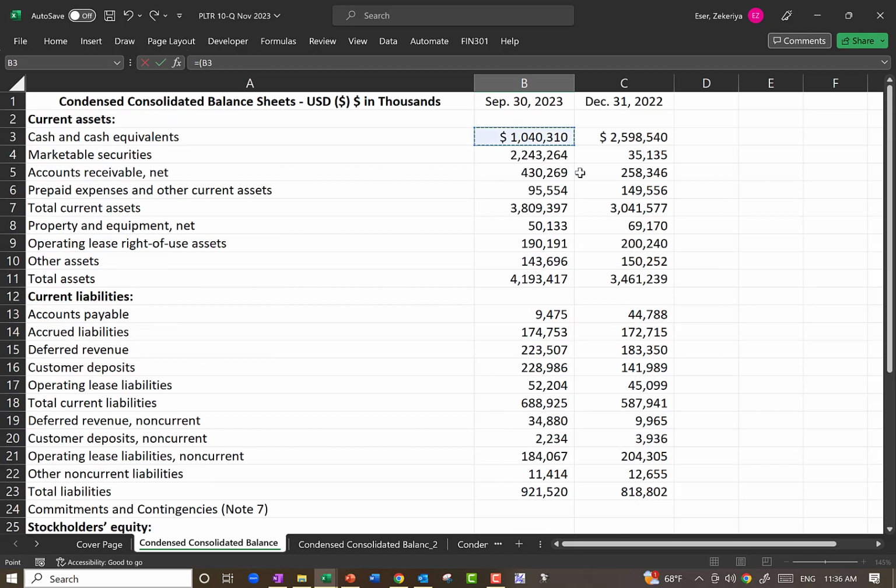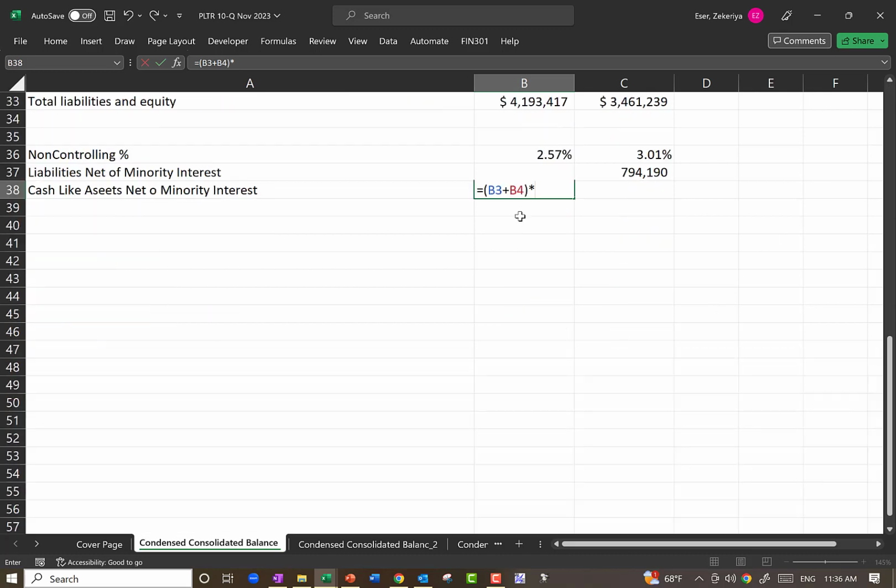Add the cash and cash equivalents and marketable securities. Sometimes they're listed as short-term investments. Again, unfortunately, there is no standard, so you need to figure out from context what they mean, and multiply it with 1 minus.